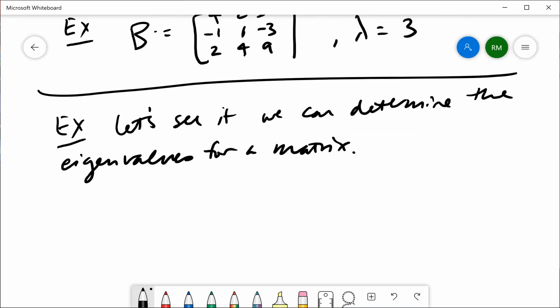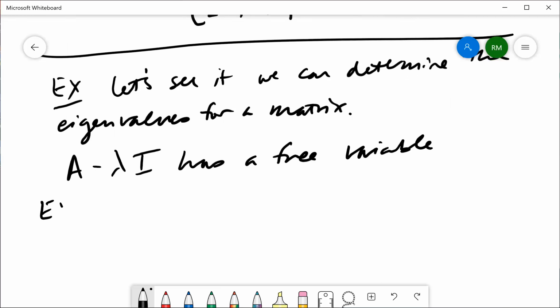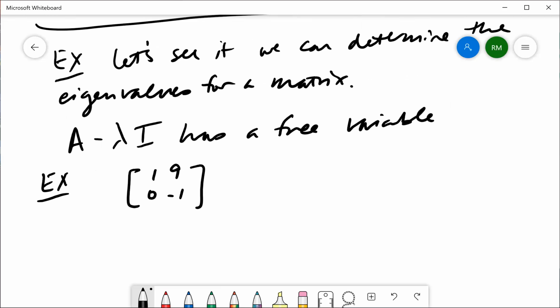Recall, an eigenvalue is one where A minus lambda I has a free variable. Okay, so let's do an example. Let's do it with the matrix 1, 9, 0, negative 1.